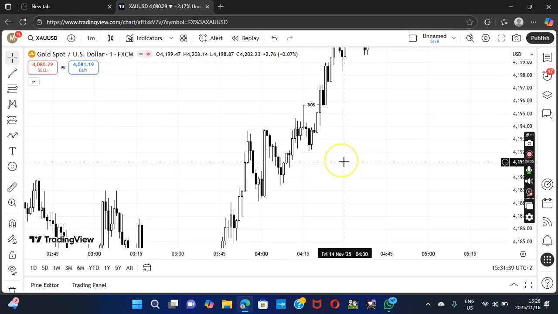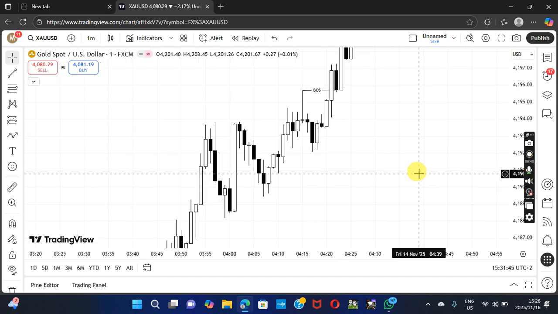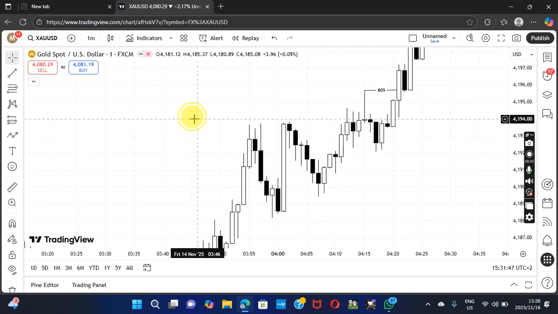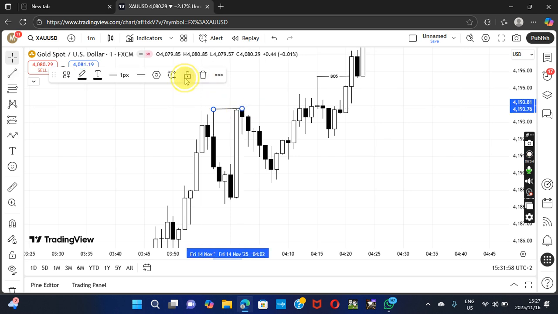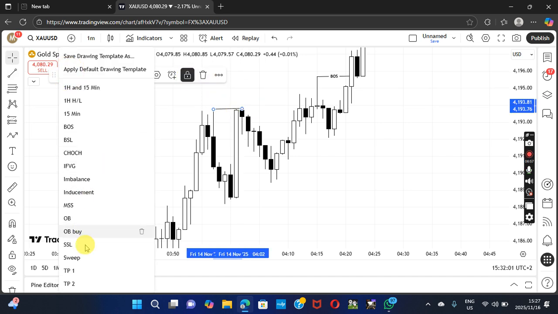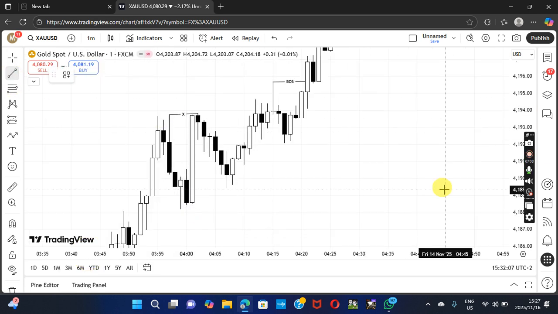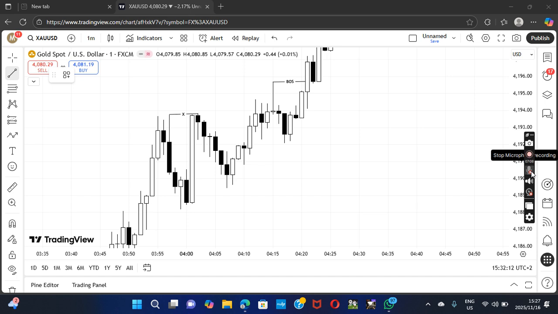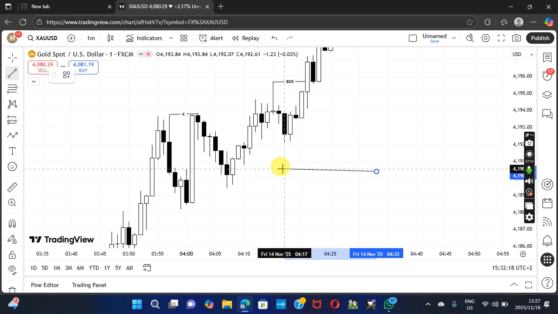Let's start here instead. Okay, let's say this is our invalid structure, and then we move forward, and then we move forward to another structure.